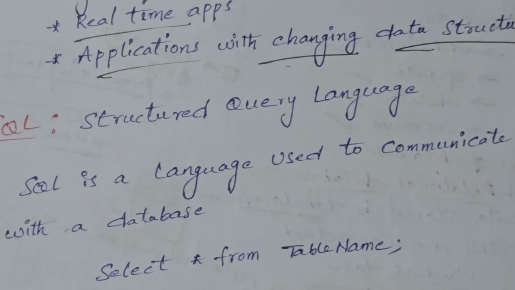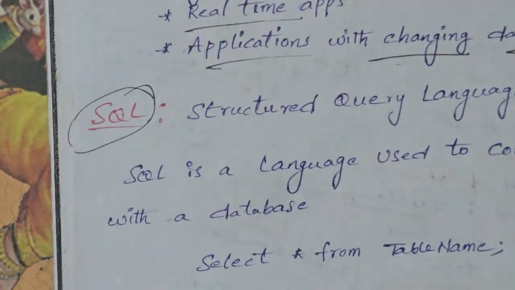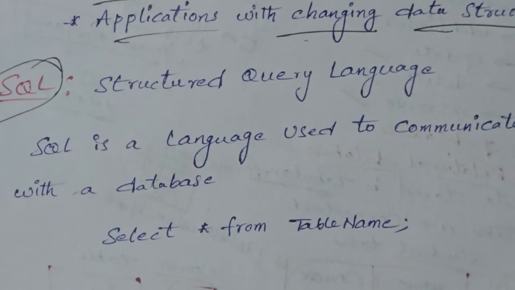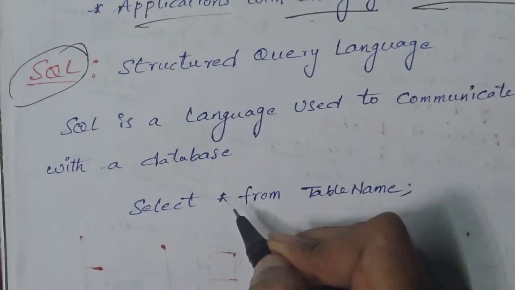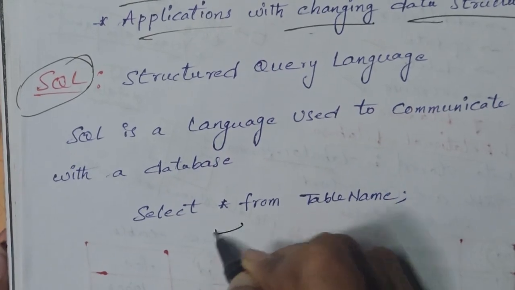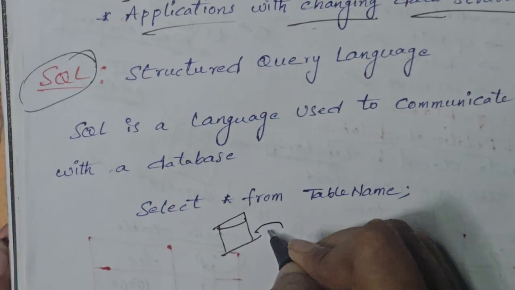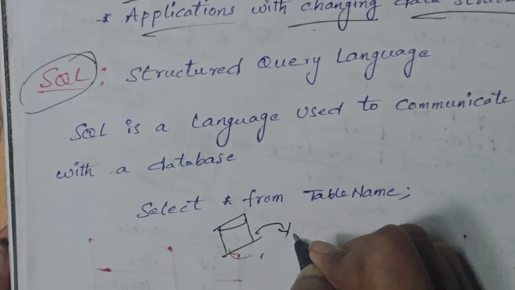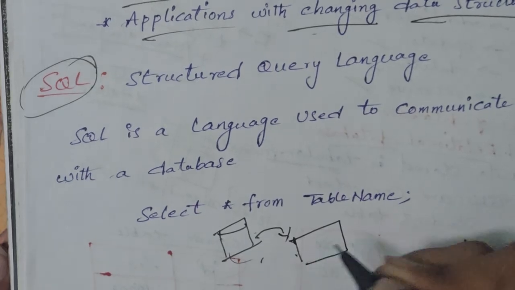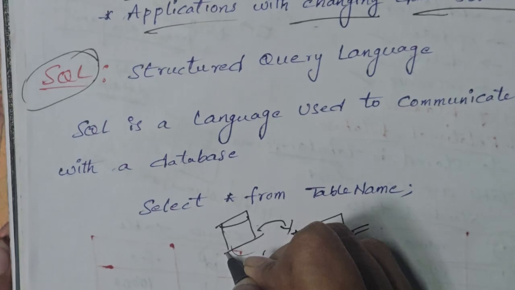Then comes SQL. What is SQL? As I told earlier, a database is nothing but a collection of data, a place where we can store all our data. If we want to query this data, then we need some intermediate thing which will allow us to query the data stored in the DBMS, right?